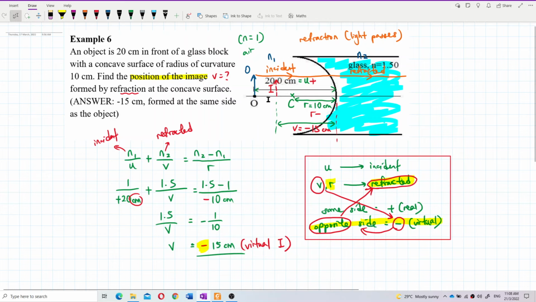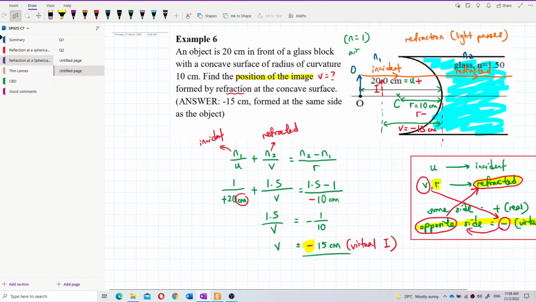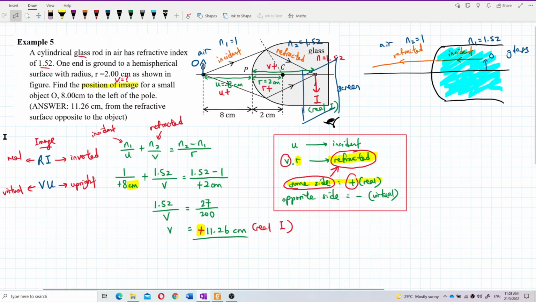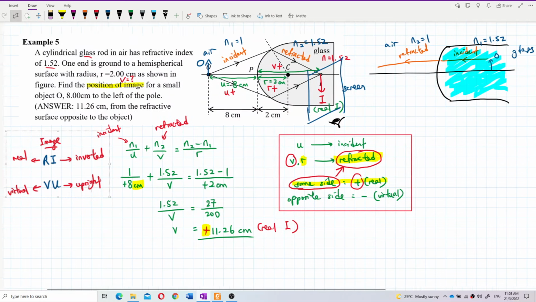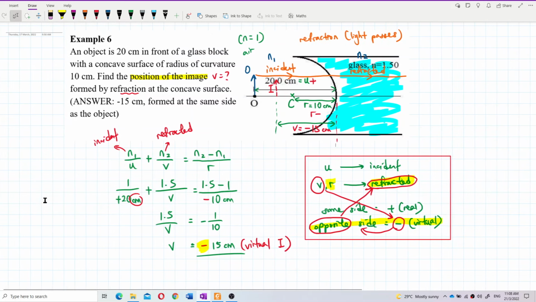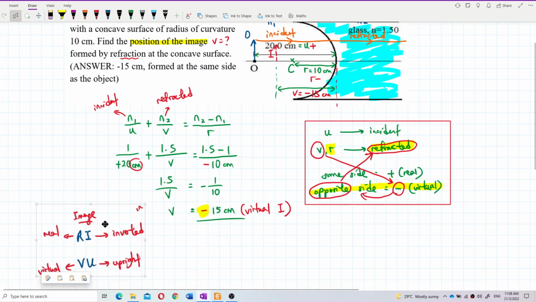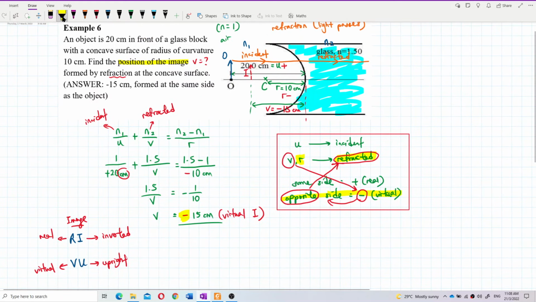So why do I draw the image upright? Because remember the acronym from the previous example. I got V negative, so it's a virtual image.